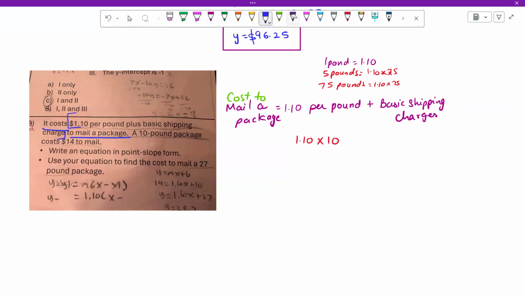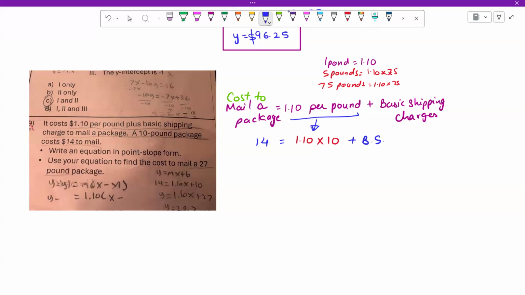Okay. So they are saying a 10-pound package. So that means this much money they are spending on one package, which is a 10-pound package. It costs $14 to mail. So that means $14 is the cost of the package, right? To mail a package, right? Yeah. Plus basic shipping charges.